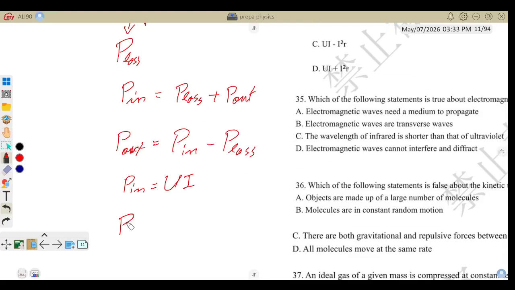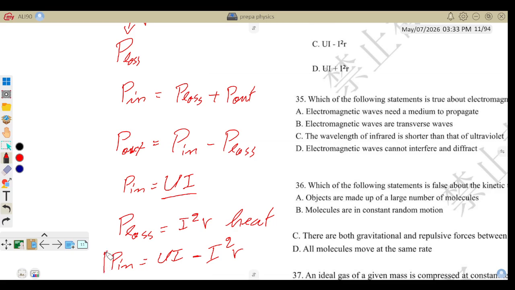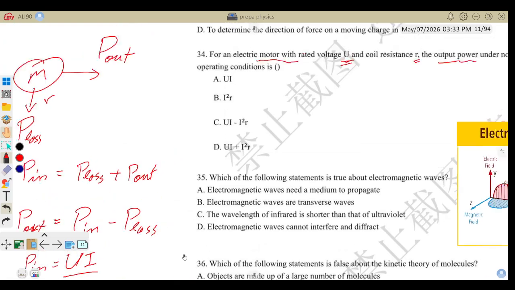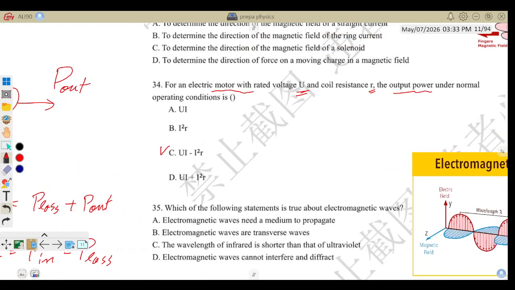The P loss, as Joule's law says, is I square times the resistance. This is the total power lost as heat here. Finally, we can write that P out would be equal to UI, subtracting the power lost as heat, I square R. So finally, which one of those represents our answer? It is C. Okay, so C is the choice here.